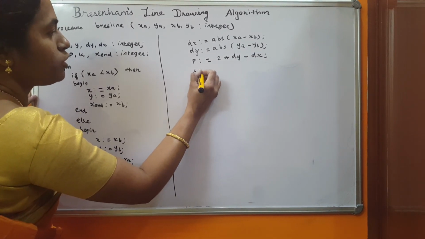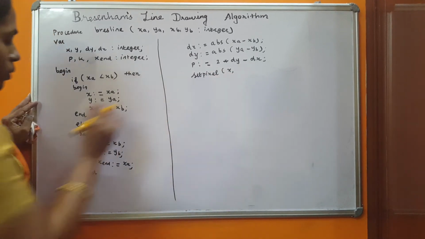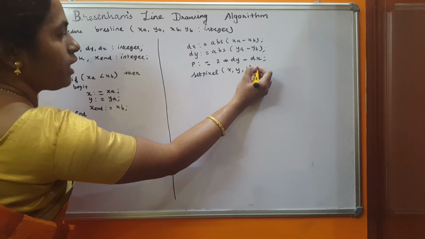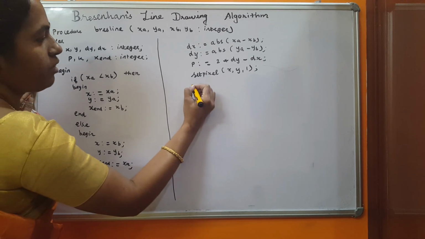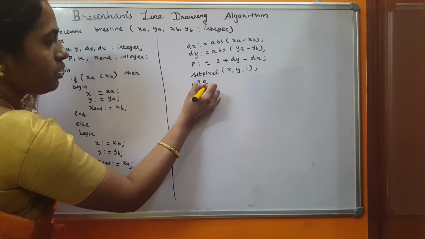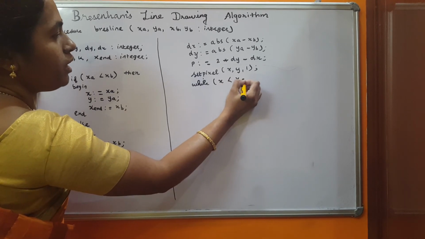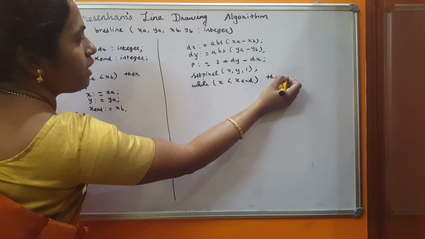First plot the first point. So set pixel of x comma y, starting point x comma y comma color intensity value. Then we start the procedure here. While x less than ending point, we calculate all the points along the line.